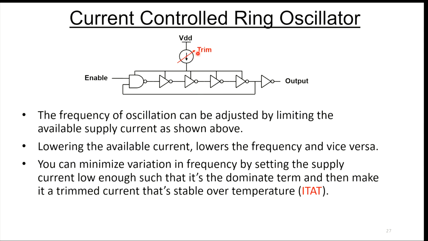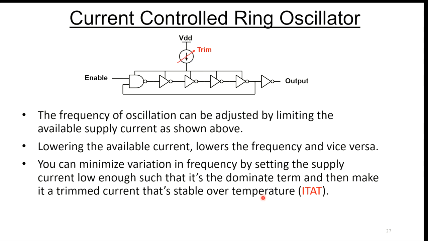So by lowering the available current, you can lower the frequency of oscillation, or you can raise the current and increase the frequency of oscillation. You can use this technique to minimize variation in frequency by setting the supply current low enough such that the supply current is the dominant term in the frequency, not necessarily the propagation delay through the individual inverters. You're kind of limiting it by the current.